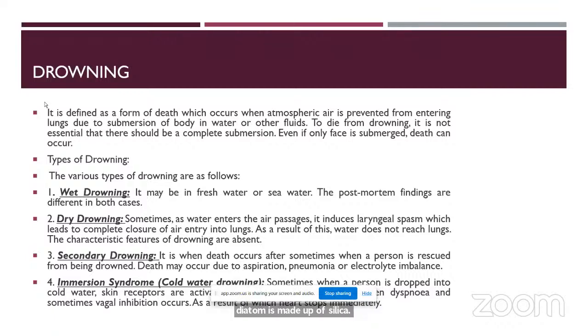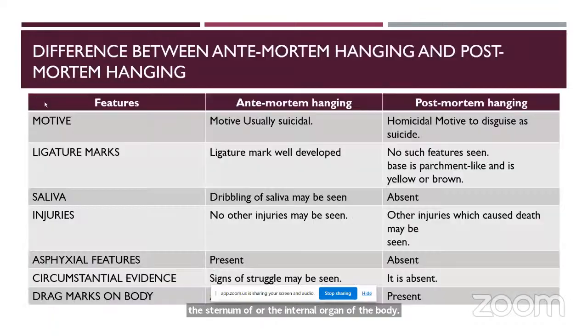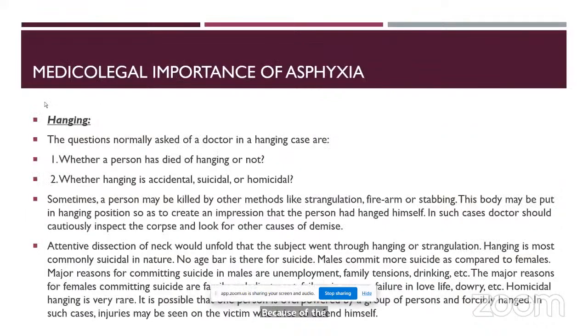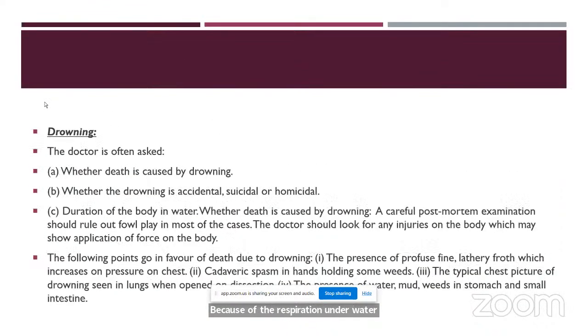You can see a glassy structure of the microbe which is ornamented with silica, and which can be found in the sternum or the internal organs of the body because of respiration under water in drowning cases.